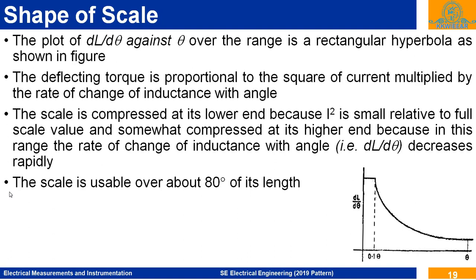Means sometimes this scale is compressed at this 1/10 portion, or sometimes with the decrease in change of inductance it is compressed at the higher end, but in the majority of instruments it is compressed at the lower end.